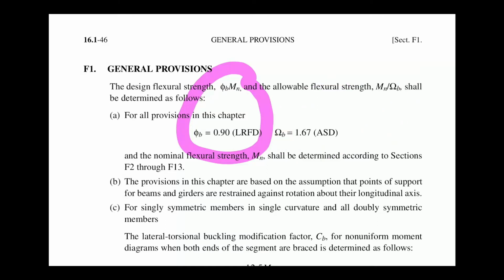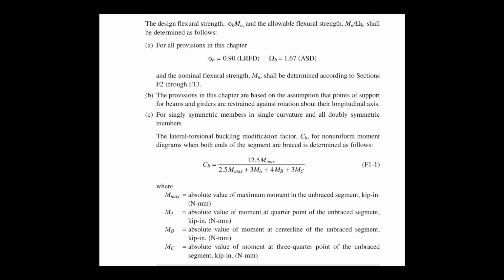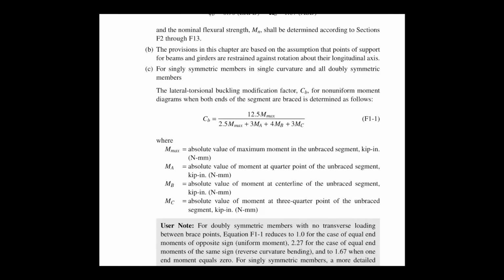So you take the nominal moment and then divide by the factor, and then you end up with the allowable stress design. So this is a minor idea we have from the code.